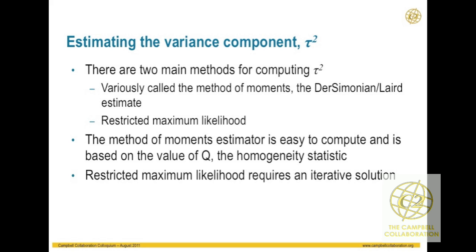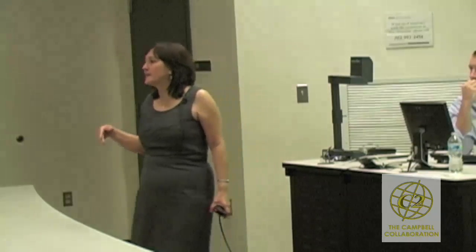And David Wilson, by the way, did not tell you that he's not a good enough promoter of himself. He had on his website, and I think you can link to his website from the Campbell website, a set of programs to do meta-analysis in Stata and in SPSS.